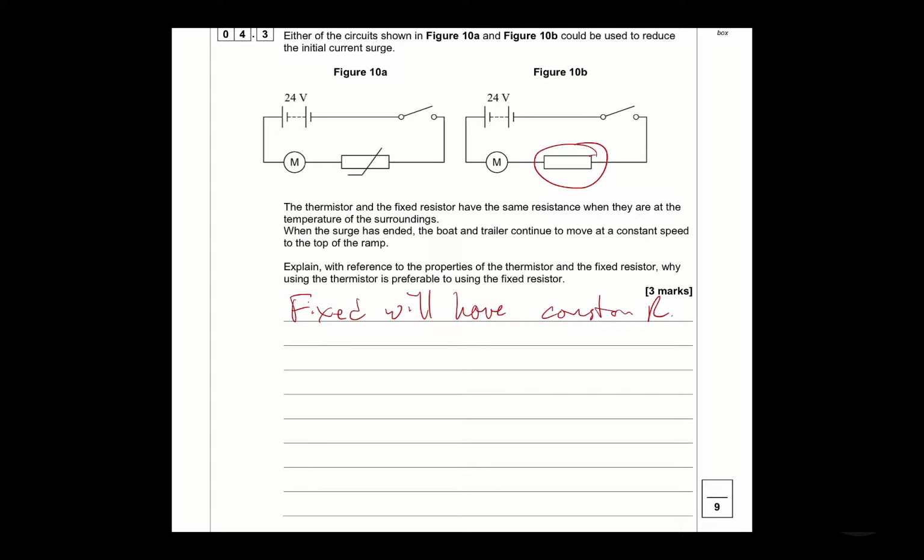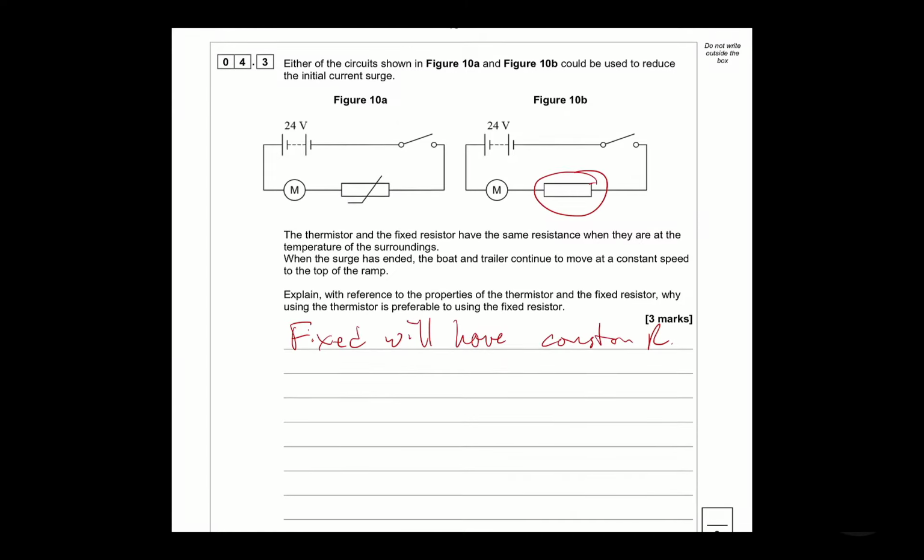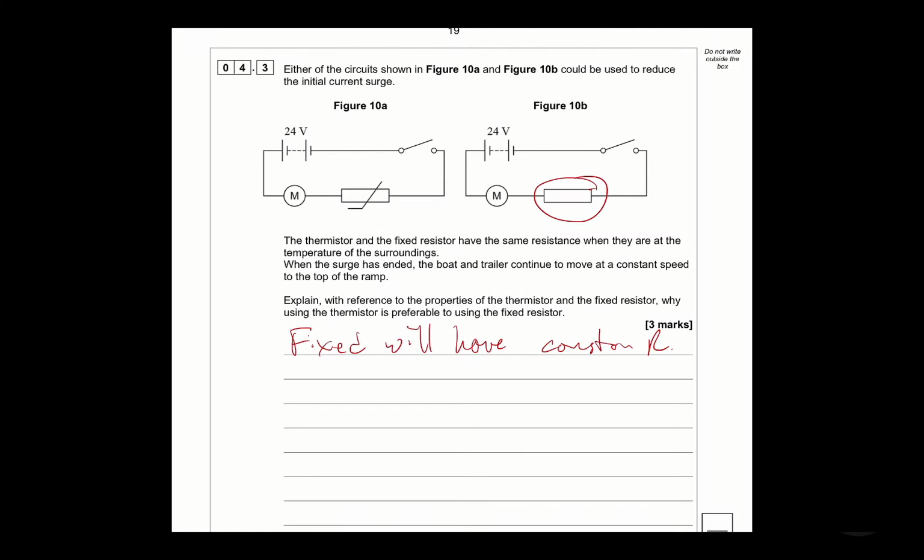However, both of these are going to heat up. As I flows, the resistors heat up.